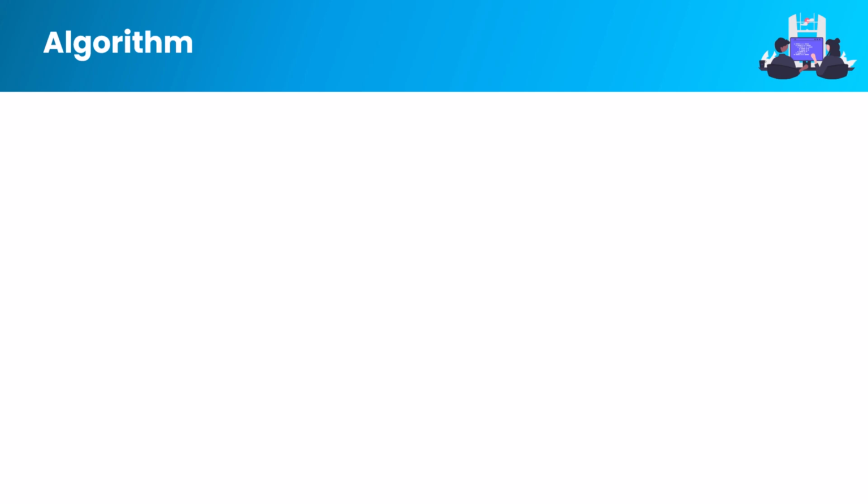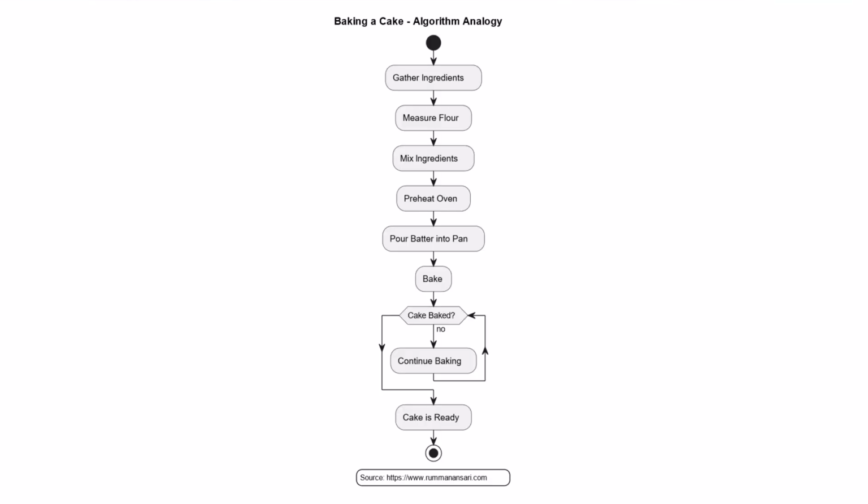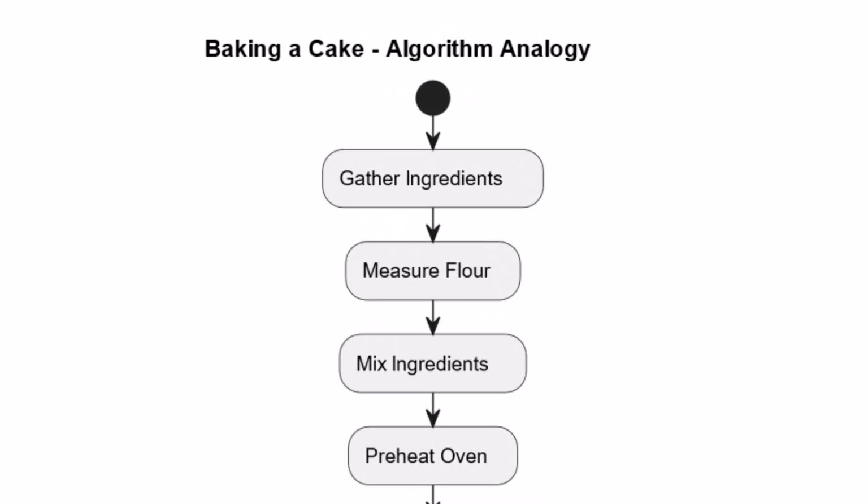So let's discuss one analogy, then we'll discuss some characteristics of it. A real life analogy for an algorithm is the process of a recipe in cooking. Imagine you are baking a cake.